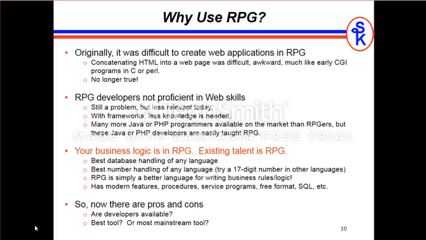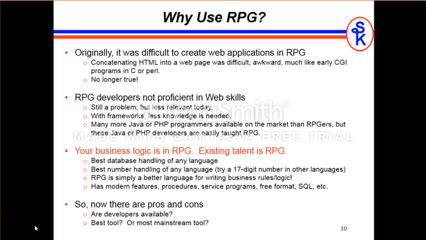On the other hand, if you plan to teach your developers, your existing staff, then you might choose RPG. RPG has big advantages because it's a better language for writing database. It's a better language for number handling. Just business logic in general tends to be better in RPG. And it's just as easy to output web in today's RPG as it is in any other language.